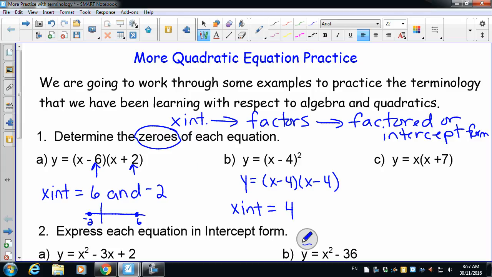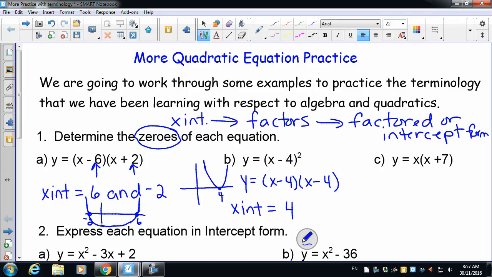What that means is it crosses the x-axis at 4. So a normal parabola, quadratic, because everything we've been dealing with is quadratics, if it has two x-intercepts, would look something like that. If it has one x-intercept, that would mean that its vertex is right there on the x-axis. So keep that in mind.